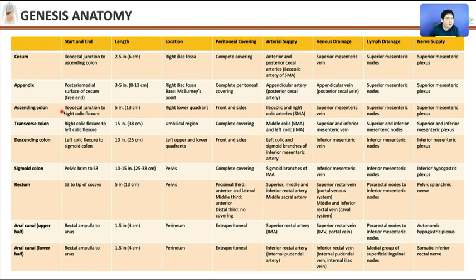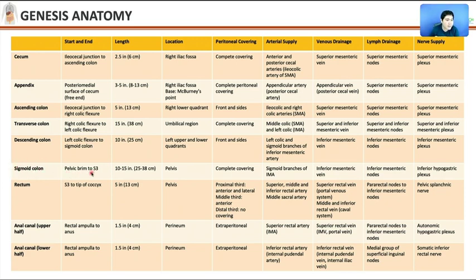Your ascending colon will start at the end of the cecum to the right colic flexure, while your transverse colon spans from the right colic flexure to the left colic flexure. Your descending colon will cover from the left colic flexure up to the pelvic brim. Once it is at the pelvic brim, it will become the sigmoid colon.